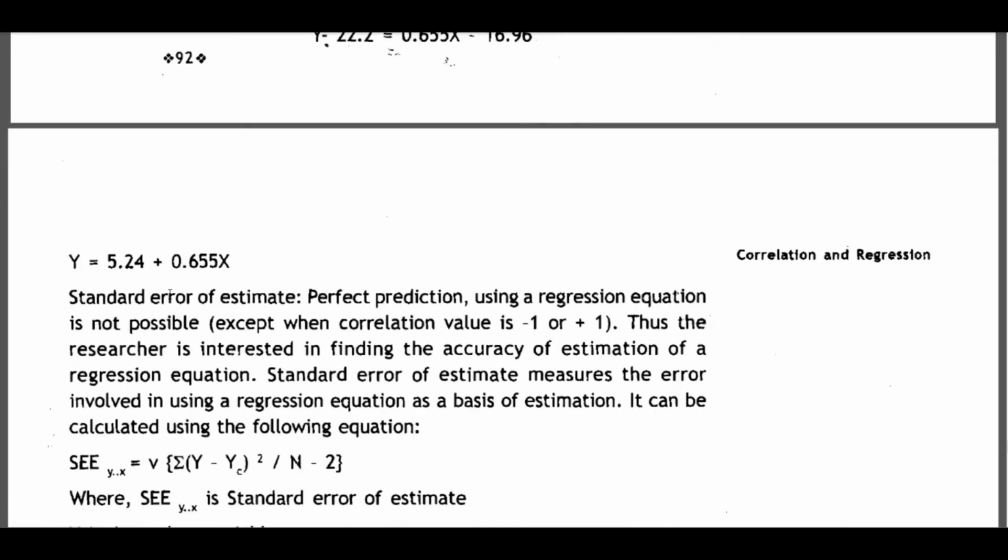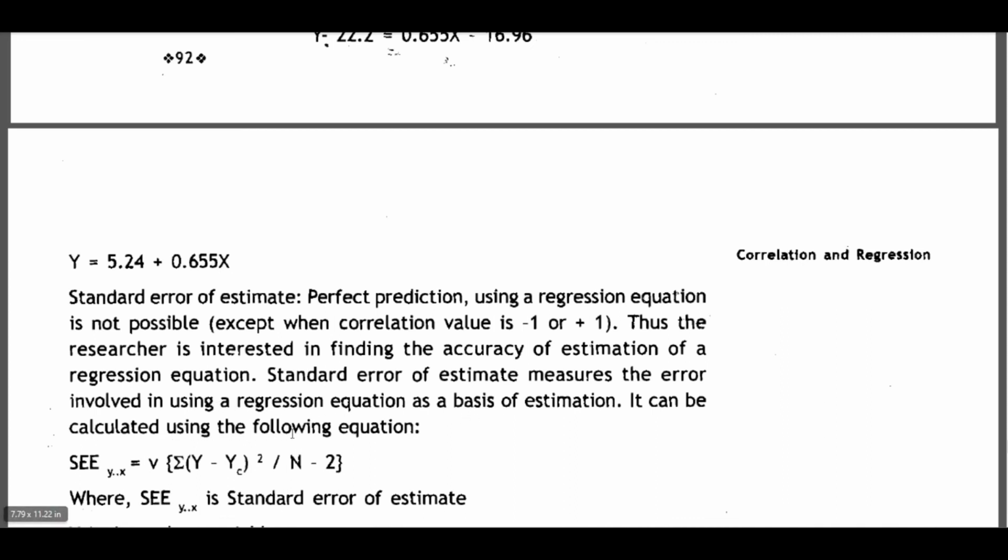Standard error of estimate: perfect prediction using a regression equation is not possible except when the correlation value is -1 or +1. Thus researchers are interested in finding the accuracy of estimation of a regression equation. Standard error of estimate measures the error involved in using a regression equation as a basis of estimation.